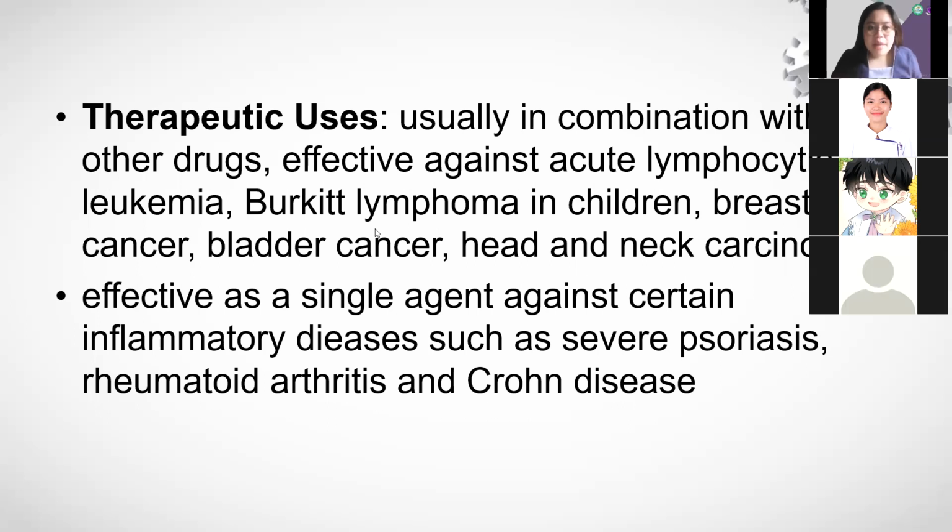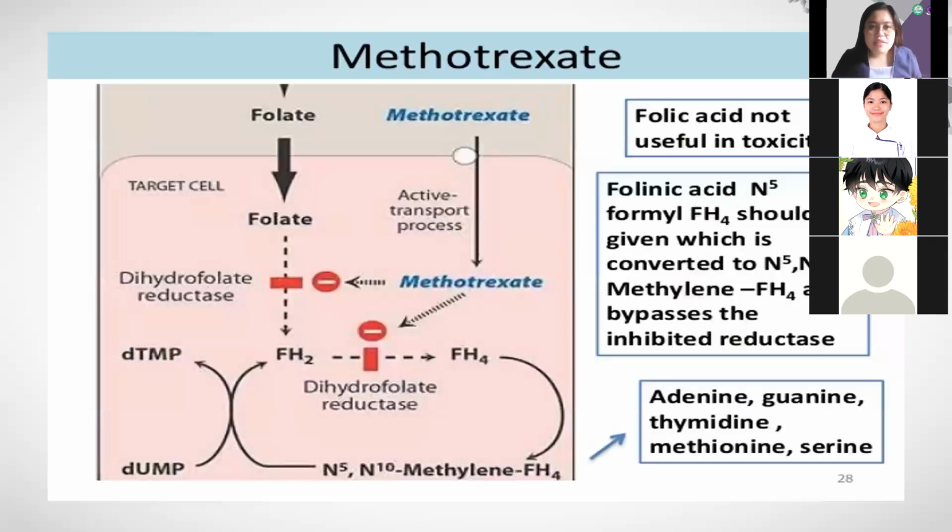So why is it used for autoimmune diseases? Remember, its action is on cell division, and not just with the somatic cells in the body. It also arrests the cell division of our immune cells, for example lymphocytes, white blood cells, neutrophils, basophils.